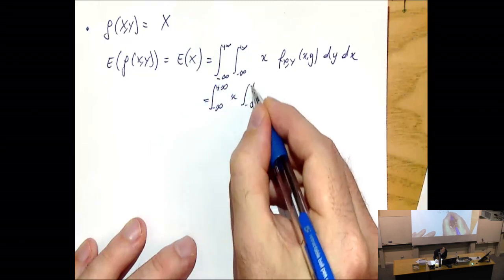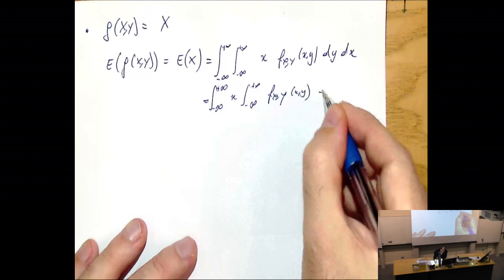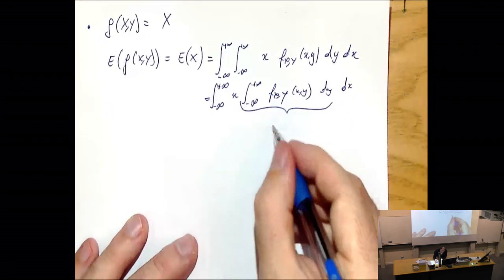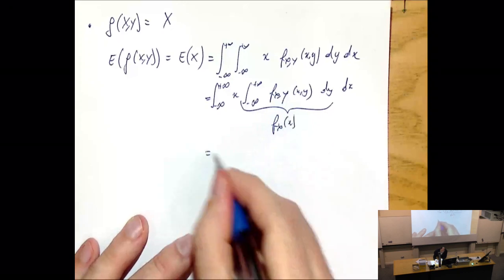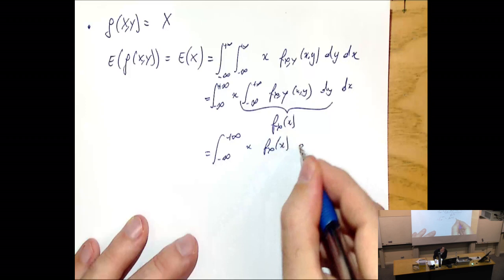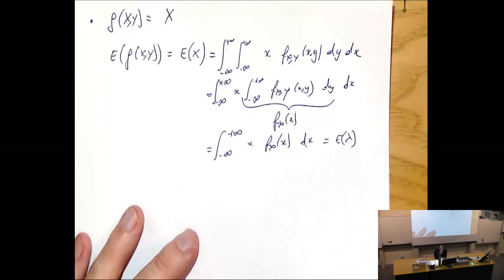I get x, integral minus infinity plus infinity of f xy dy dx. And what is this? This is the marginal of x. So this is indeed the definition, as we know, of the expectation of x.